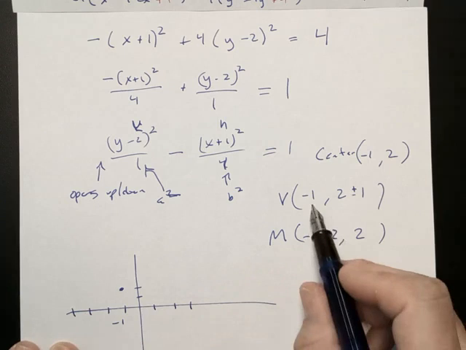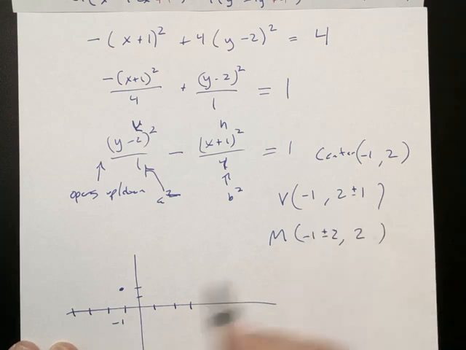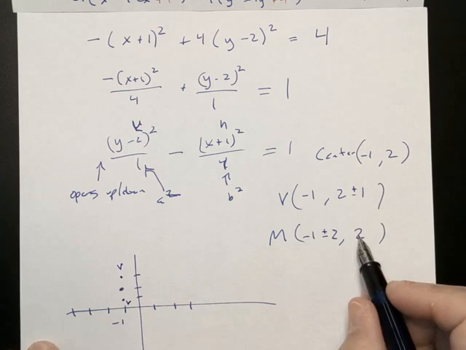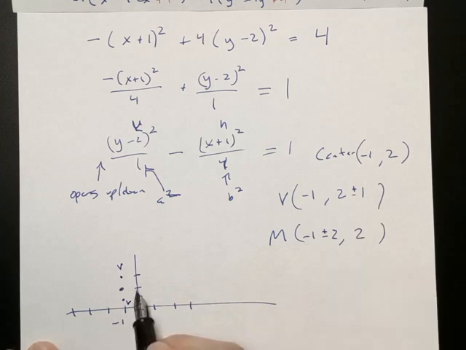Okay, the vertices are up and down by 1. The minors are left and right by 2.